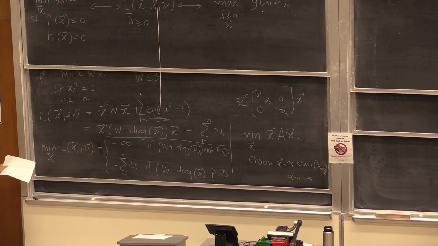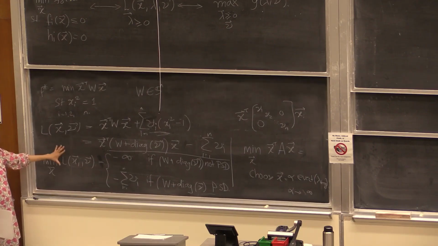This constraint has already been built in. Does that make sense to everyone? When I write this min of L of x comma nu, I'm not writing any constraints here. This is important that everyone realize this. This constraint is not binding to us here anymore. Okay, good.